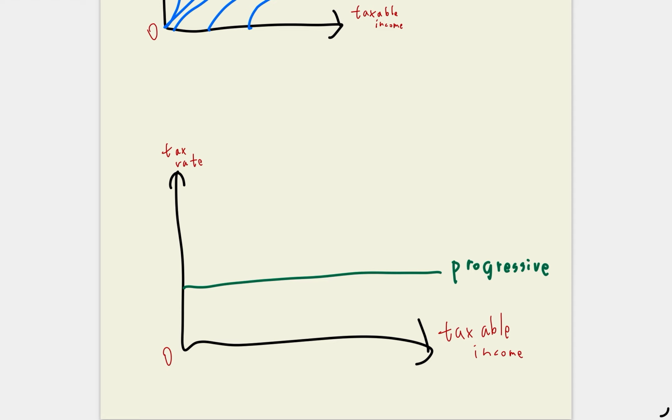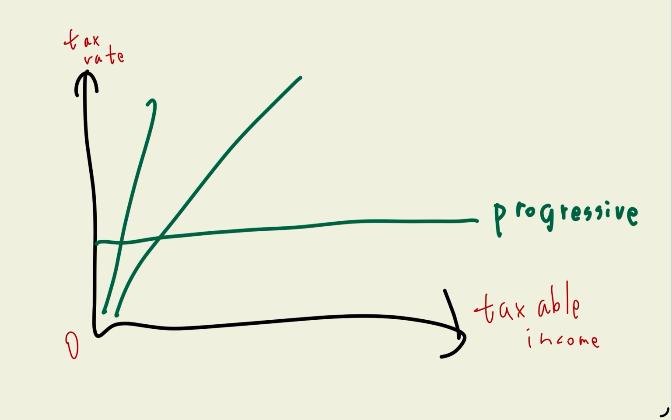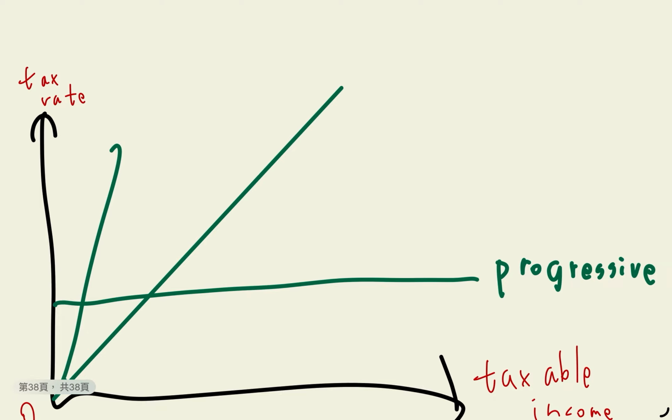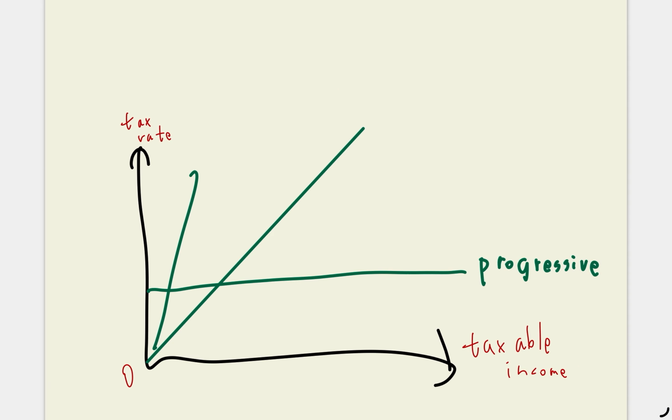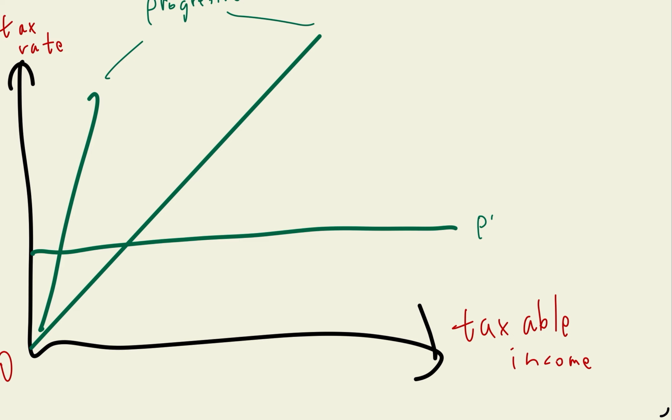Next, we have this, which is the slopes that go like this, just a constant line from the origin, going straight up. And this is also going to be a progressive tax, as we're talking about tax rates, which is in percentage. Okay, I wrote this wrong. This is going to be proportional, I'm sorry.